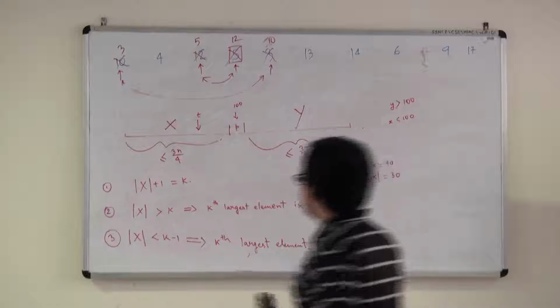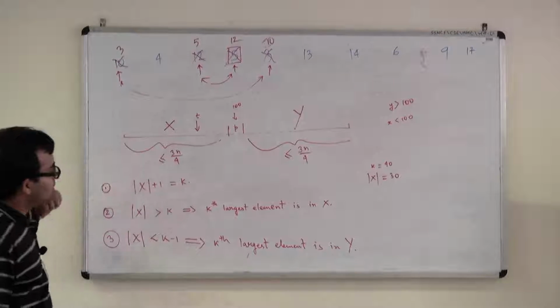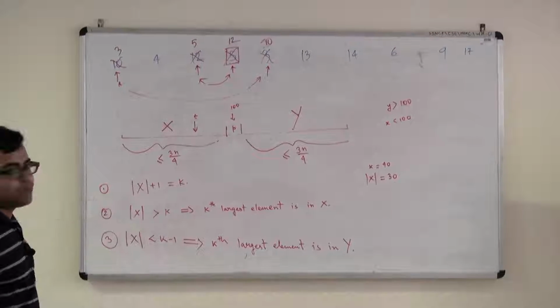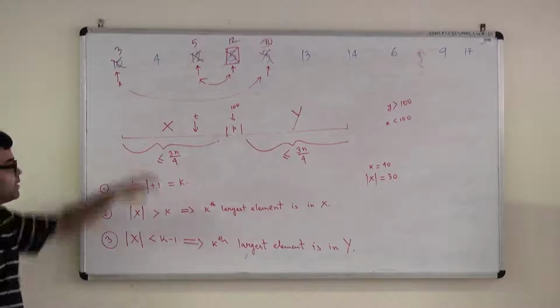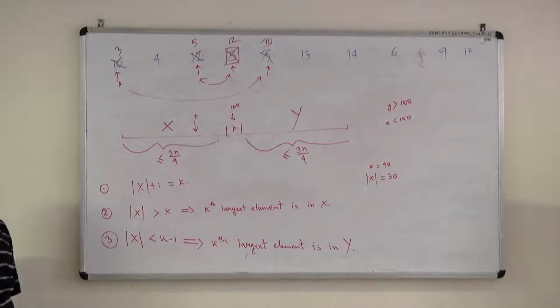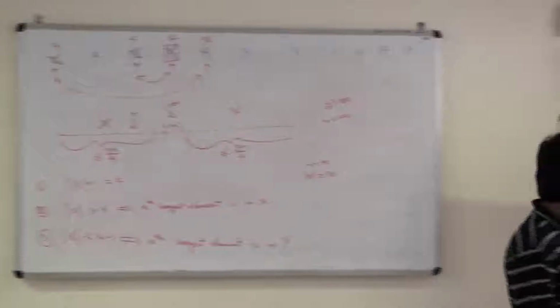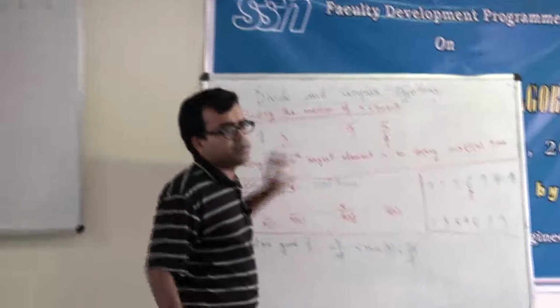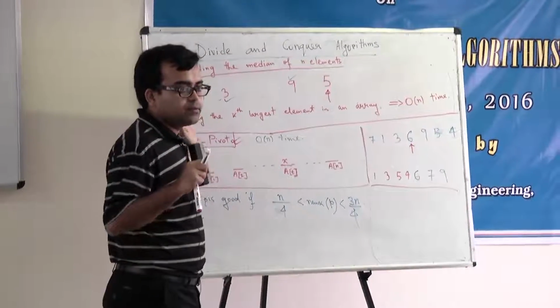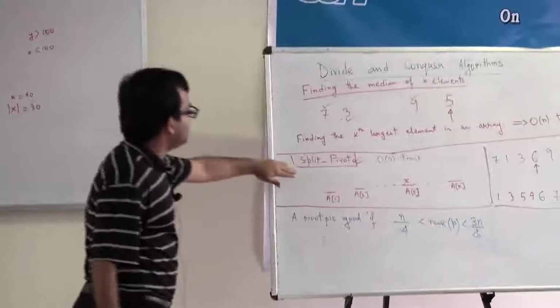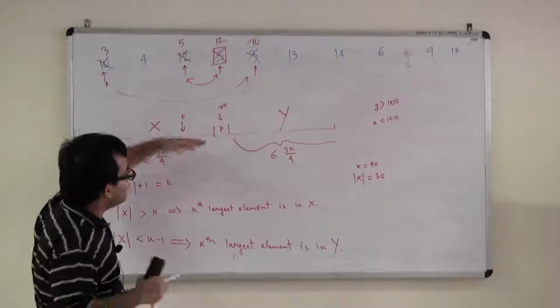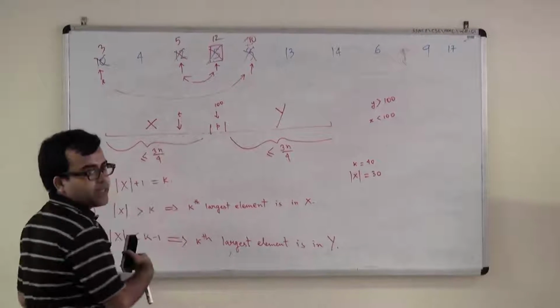So now, what is going on? Now can you identify the subproblems? What will be the subproblems? You will either look into X or look into Y, right? So now can we just recap what we are doing? You are getting some pivot from somewhere, magically from the sky. And with respect to that pivot, you are doing this split pivot operation. So then you can say that the array is now partitioned with respect to that pivot.